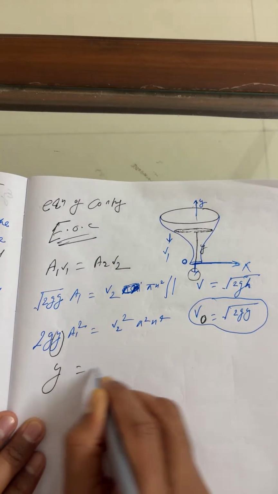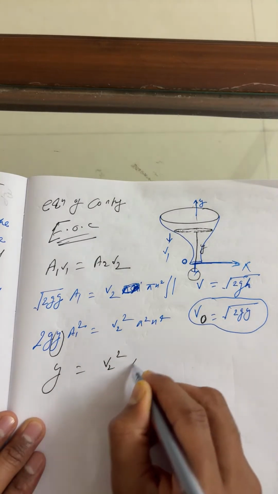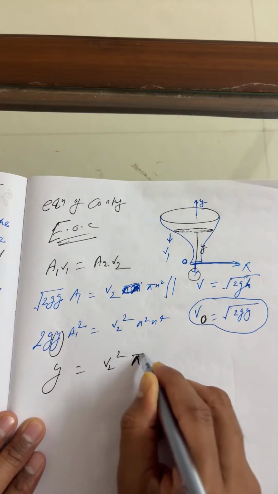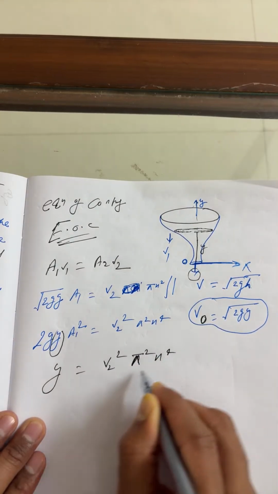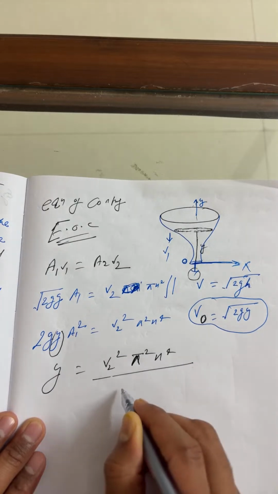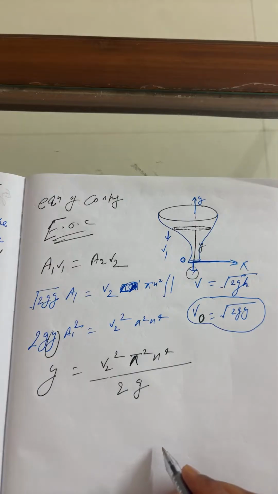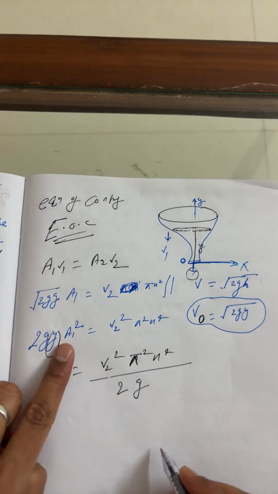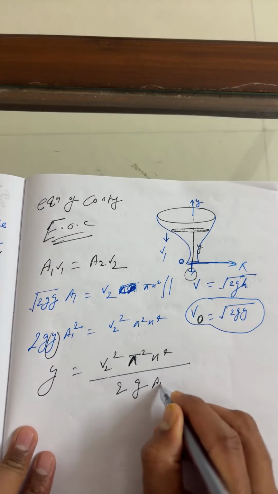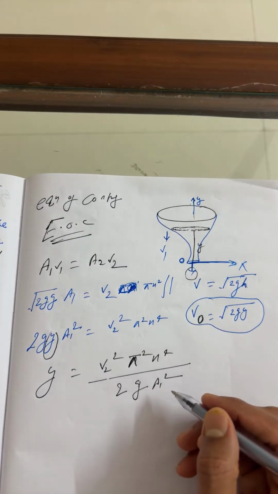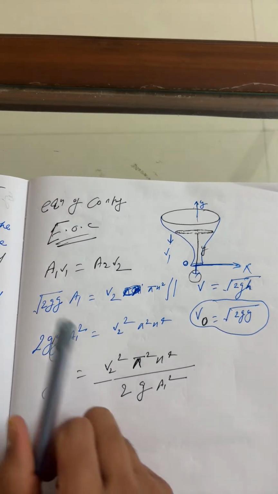So you can write y equals V2 square pi square x to the power 4 upon 2g A1 square. This is the mathematical expression here.